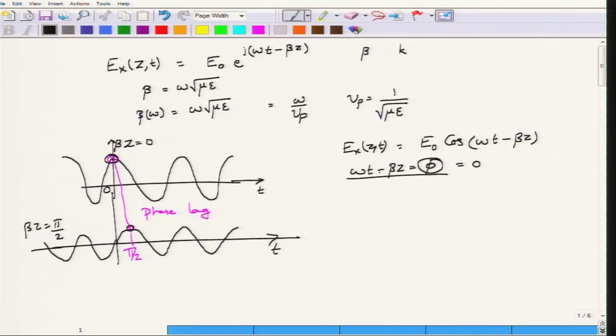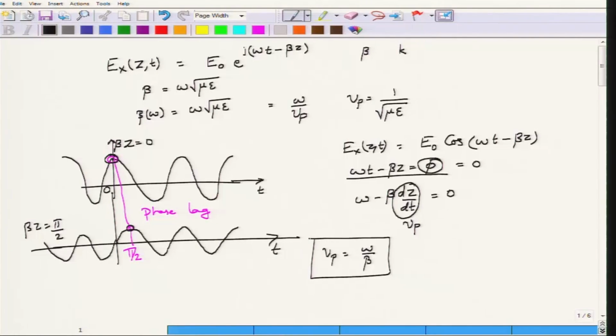So, differentiate this equation with respect to time: you get omega, because the differentiation of omega t with respect to time is omega, minus beta, which is a constant with respect to time. So, beta comes out, and then I have dz by dt, equal to 0. But dz by dt is precisely what I have called the phase velocity of this constant phase point. So, I now have a relationship which says Vp is equal to omega by beta.